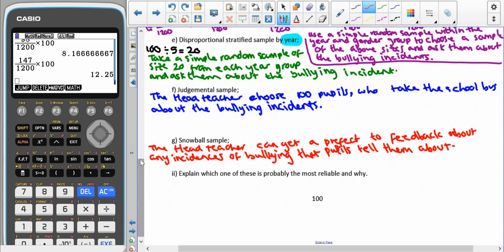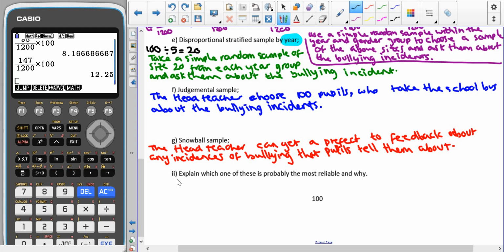Now, the last part of this question asks us to explain which one of these is probably the most reliable and why. If you think about what it's actually talking about in the question, we're talking about a bullying incident that's happening on a bus. So I would probably say that the snowball sample is going to give them one of the better ideas of what's going on.